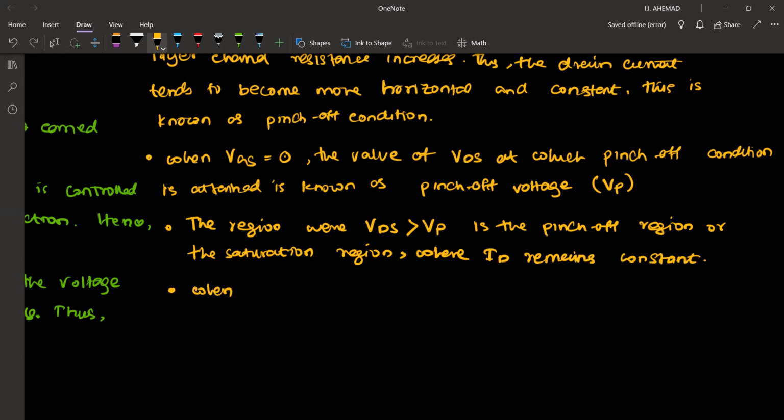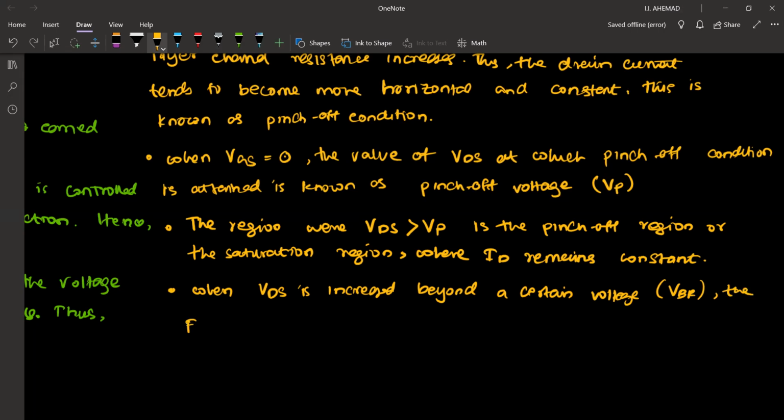When VDS is increased beyond a certain voltage VBR, the FET gets damaged.